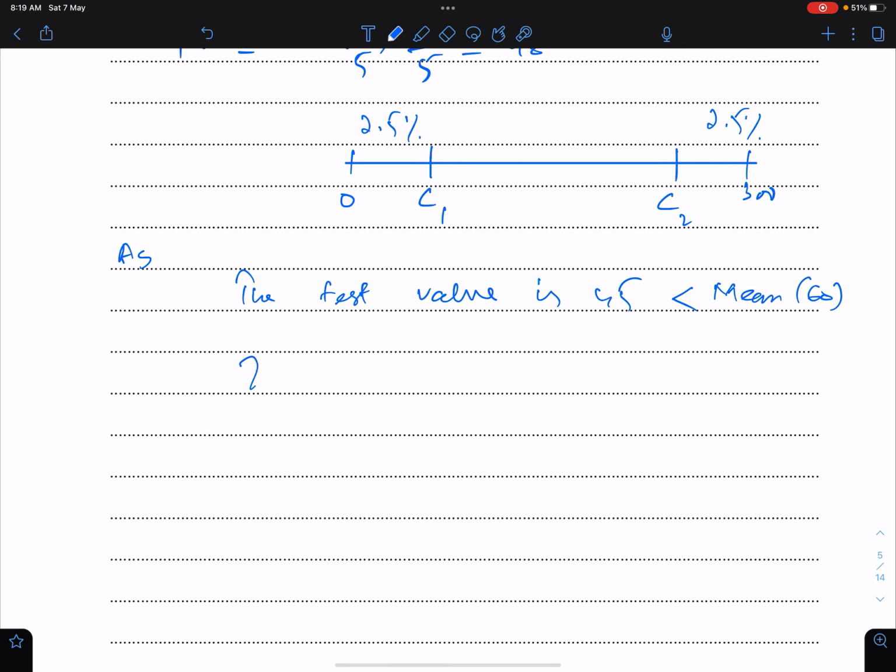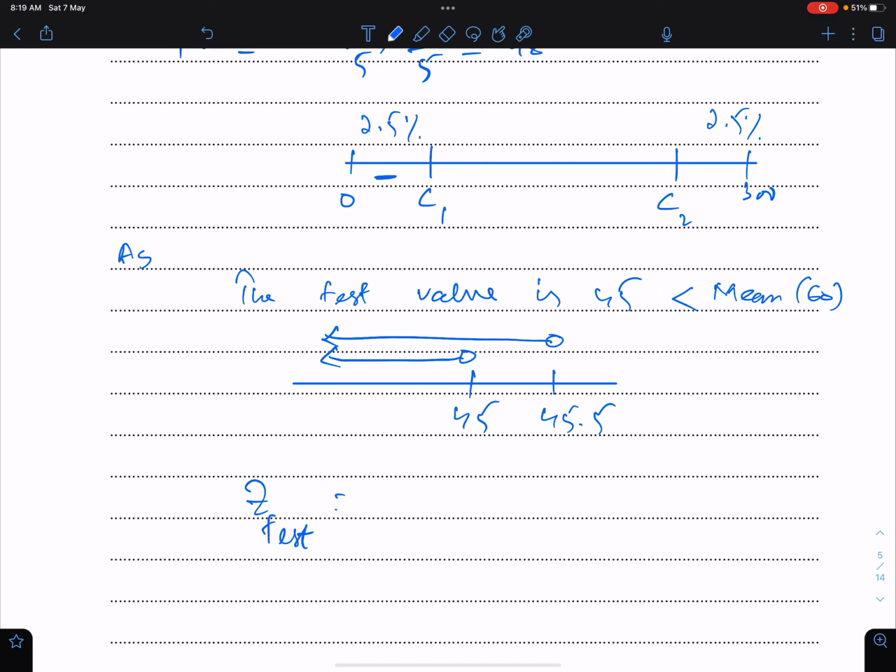So Z test. Since we are performing the lower tail test, we have to take the upper bound of this 45 after continuity correction. So Z test will be 45.5 minus np, which is 60, over under root npq, which is 48.